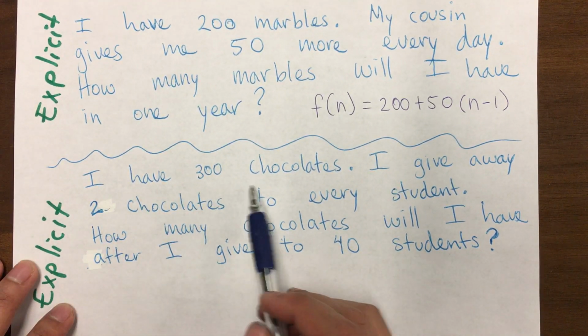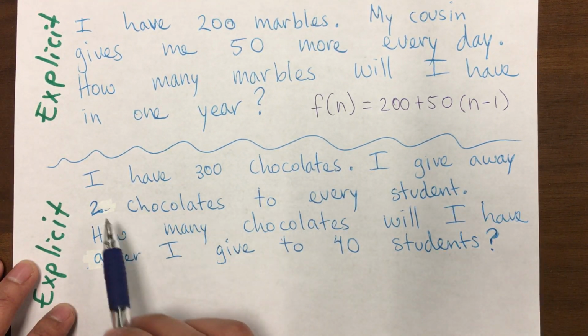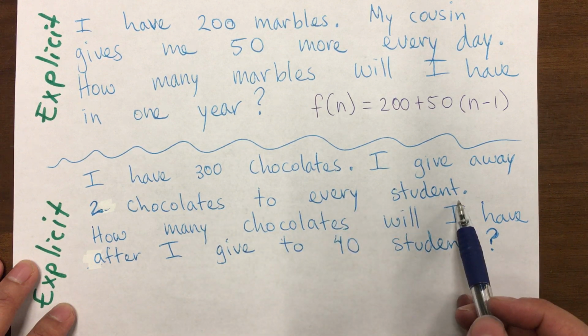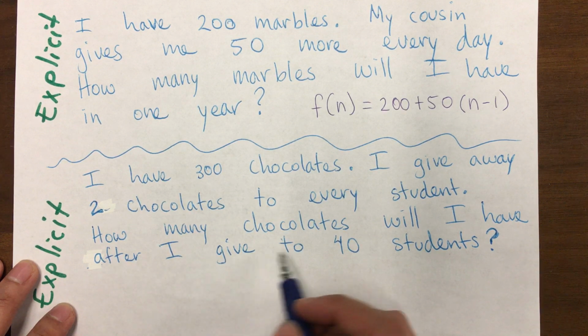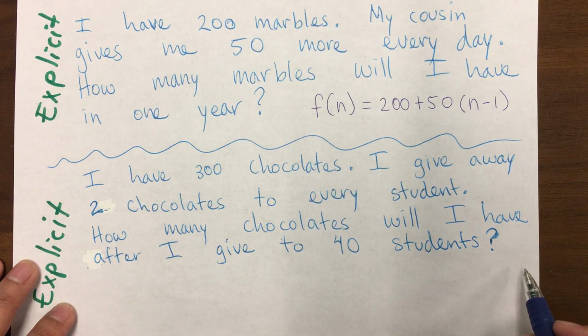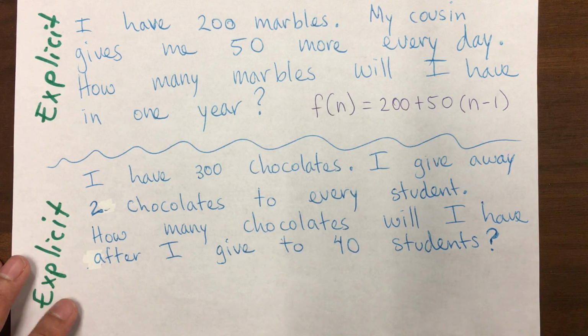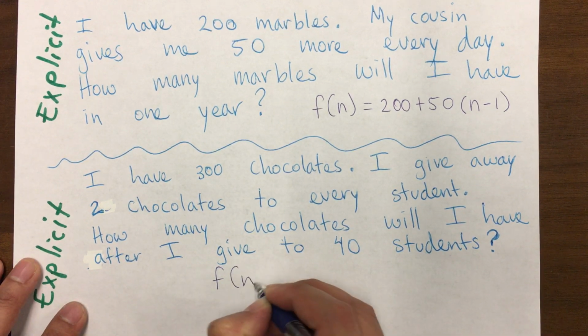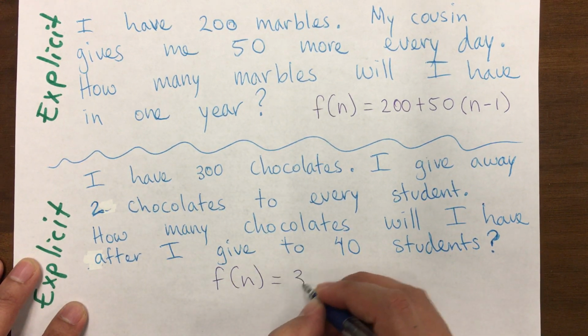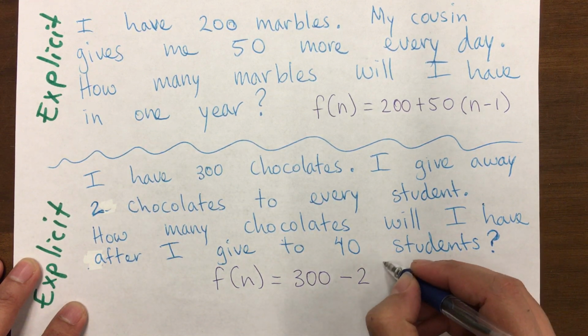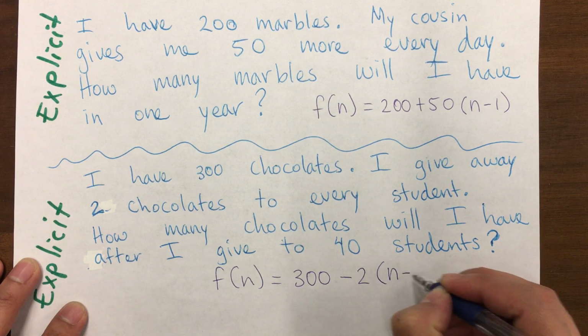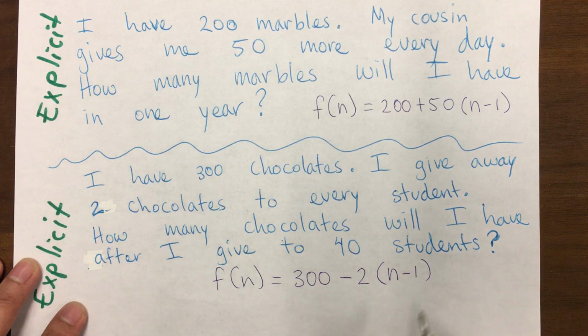Finally, I have 300 chocolates. I give away 2 chocolates to every student. How many chocolates will I have after I give, I guess, chocolates to 40 students? Okay, so again, that's f of n equals my initial point minus 2 times n minus 1.